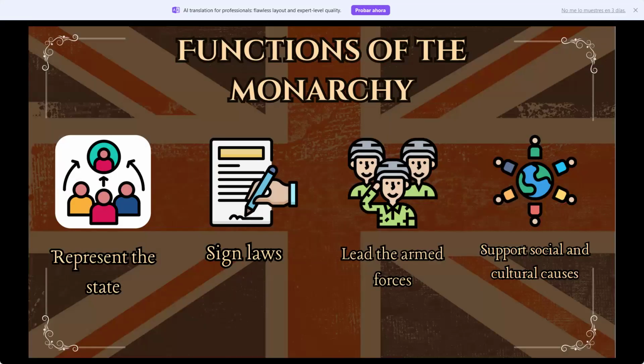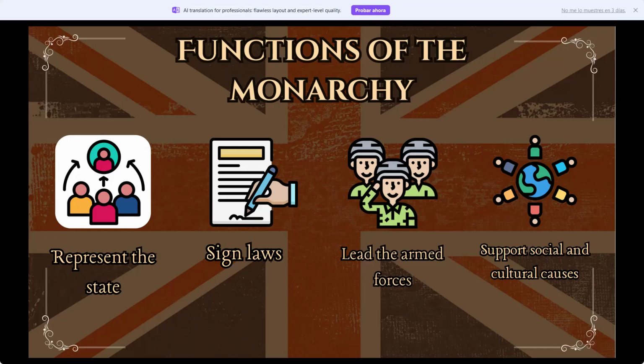The functions of the monarchy are to represent the state, sign law, lead the armed forces, and support social and cultural causes. Signing law: in a constitutional monarchy, the monarch signs or approves laws passed by parliament.